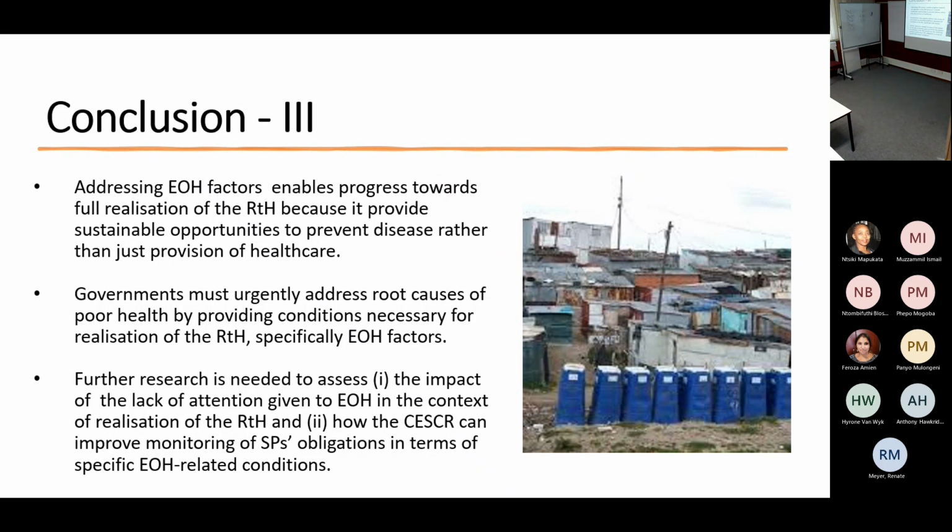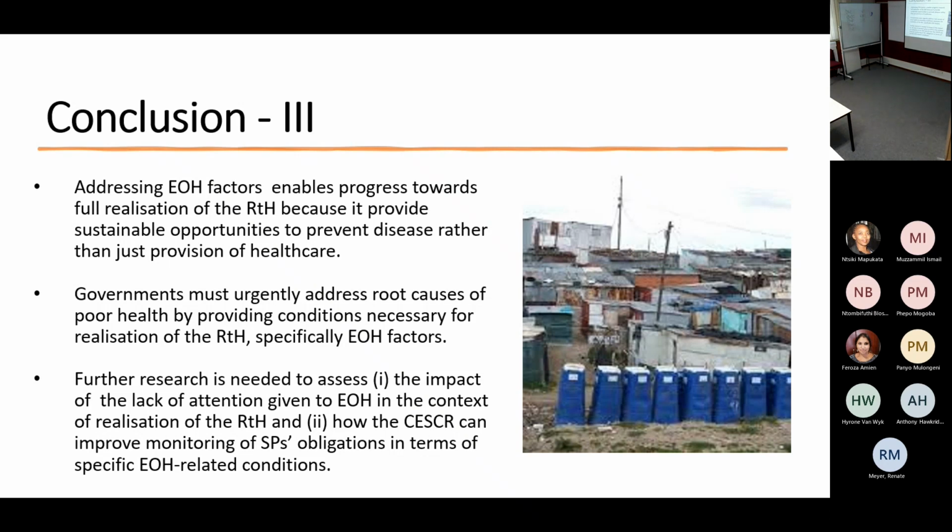Further research, however, is needed to assess the impact of the lack of attention given to environmental and occupational health in the context of realization of the right to health, and also on how the committee can improve the monitoring of state parties' obligations in terms of specific environmental and occupational health related conditions.